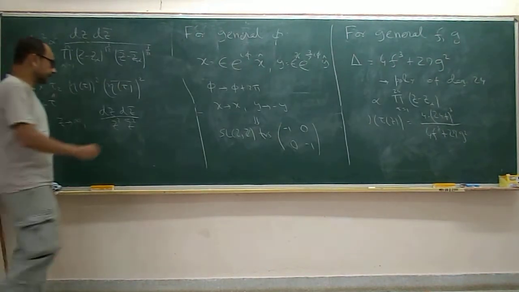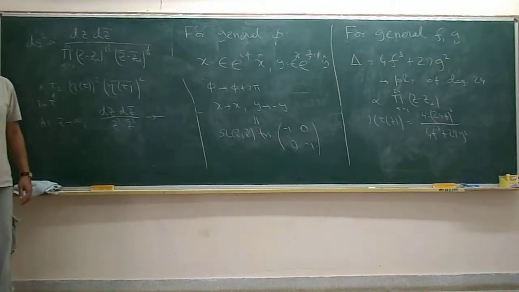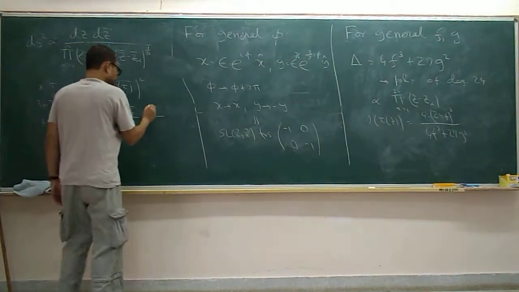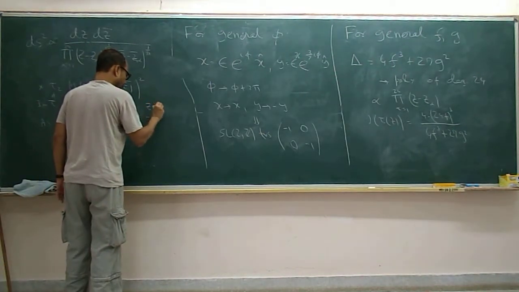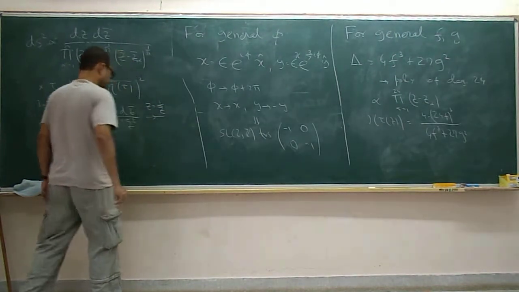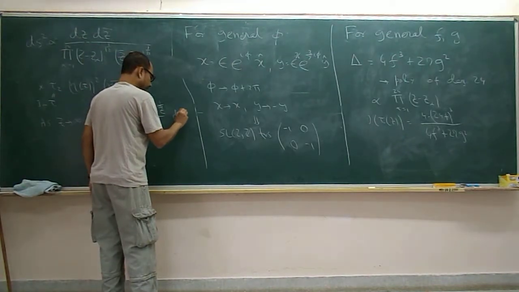And this is good because if we now make a change of coordinates to a regular coordinate system at infinity, z equal to 1 over z tilde, in that coordinate system this just becomes mod dz tilde squared.